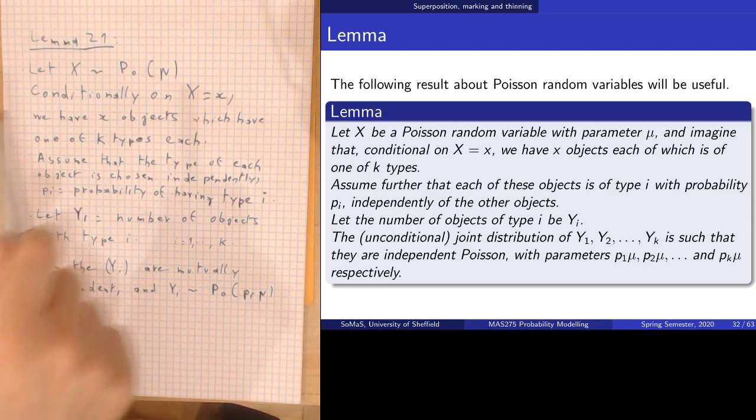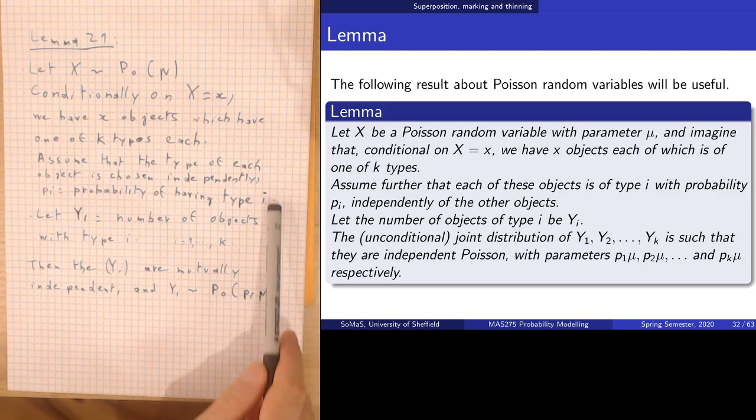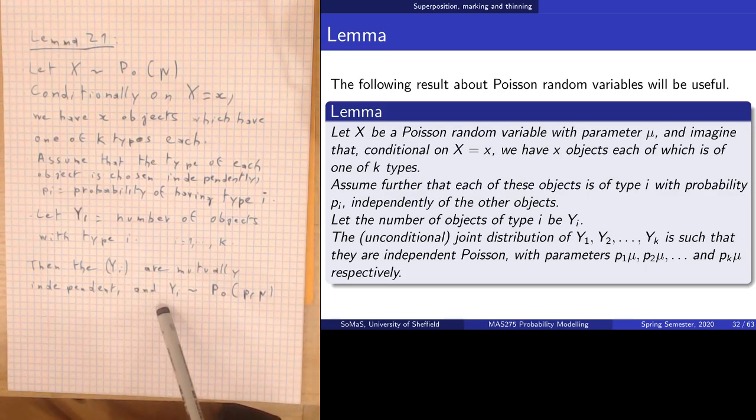So I have a Poisson variable, then I'm splitting it into lots of smaller variables by grouping each object with an independently chosen type. Then each of the splits is also Poisson with an adapted parameter since they have to be smaller, and then they're mutually independent.